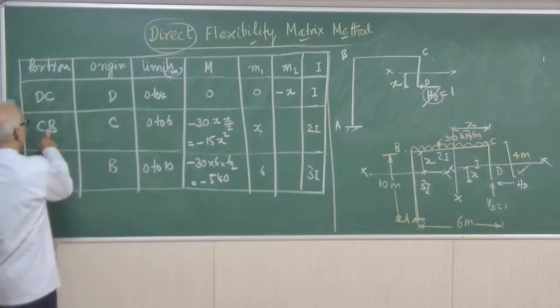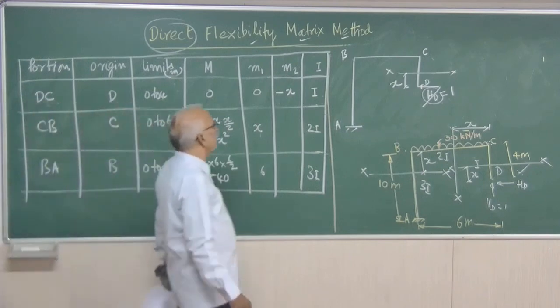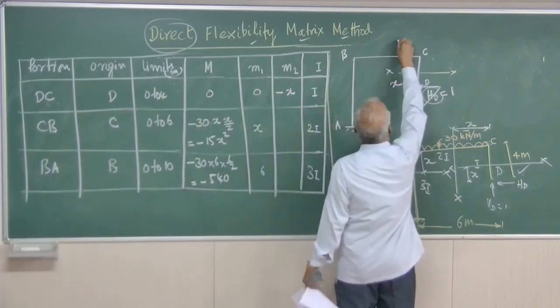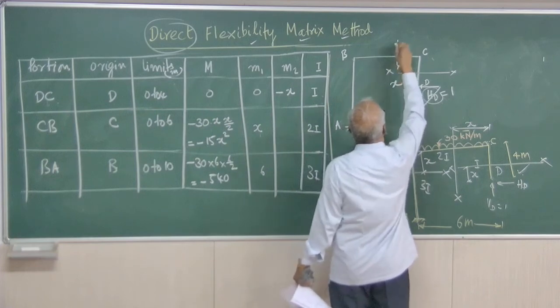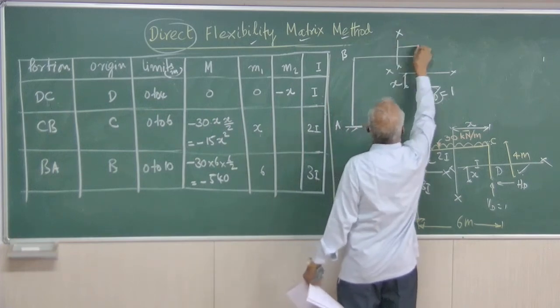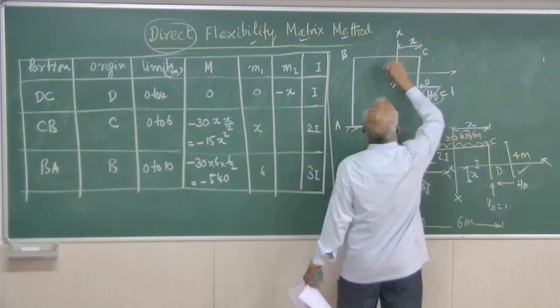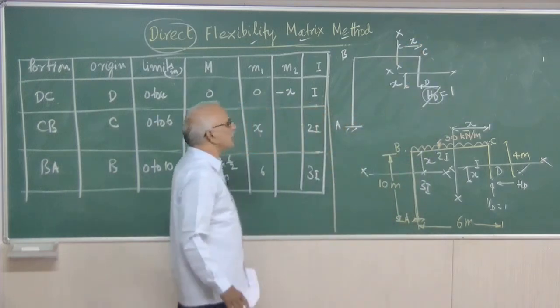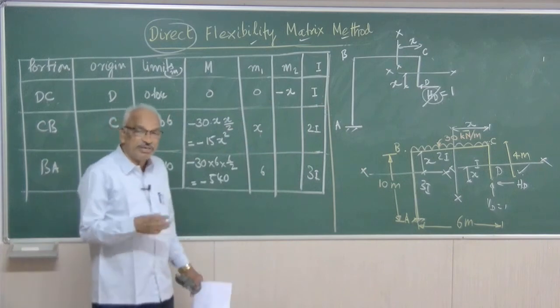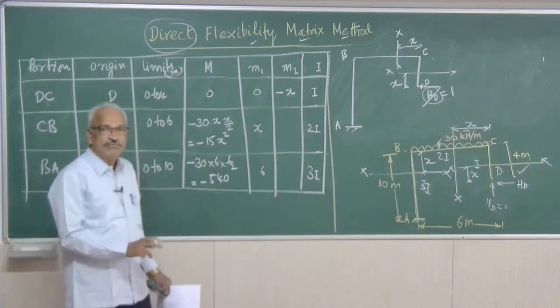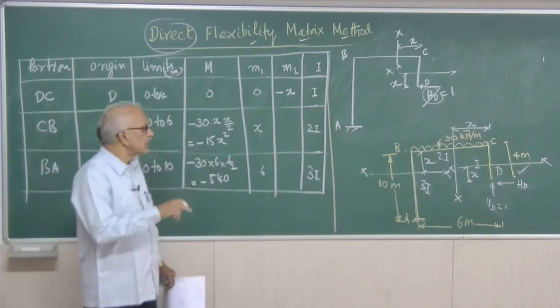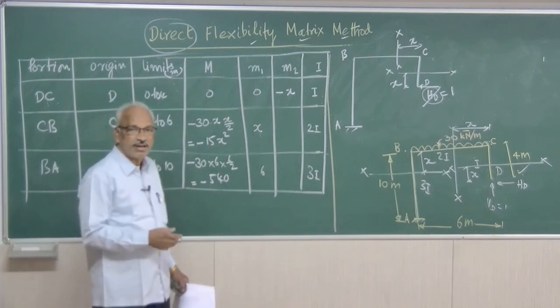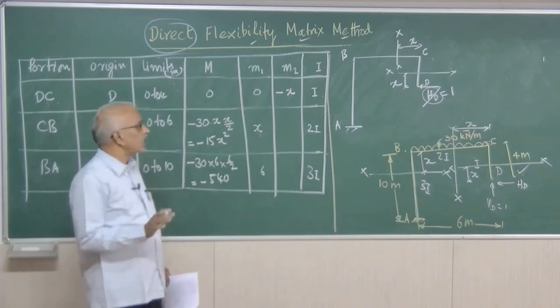Next, for the portion CB, we are measuring x from C. Over the length BC, that unit force will cause a clockwise moment, but the height is constant.